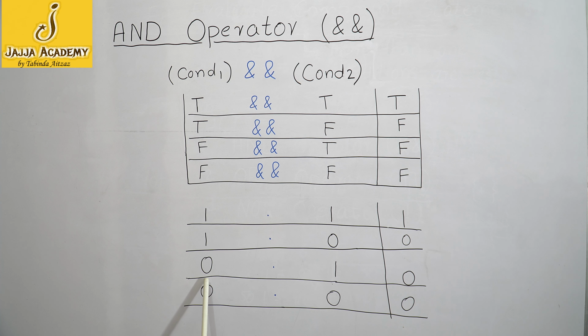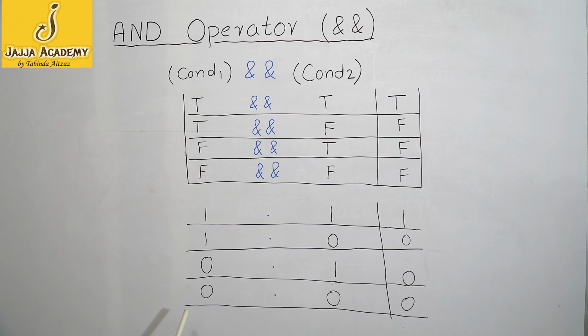Next, condition 1 is false and condition 2 is true. Then after taking their product, or simply after their multiplication, 0 multiplied by 1 is equal to 0. Similarly, if condition 1 and 2 both are false, it means both return 0. 0 multiplied by 0 is equal to 0. So you can memorize AND operator with true false values or in the form of zeros or ones.